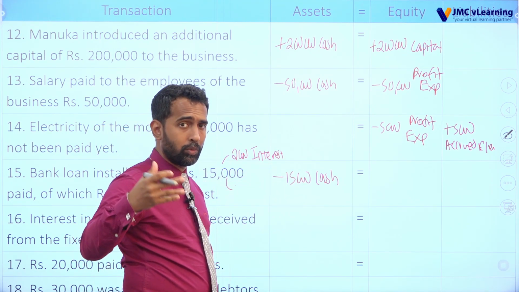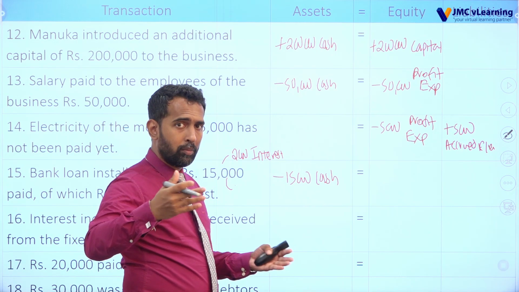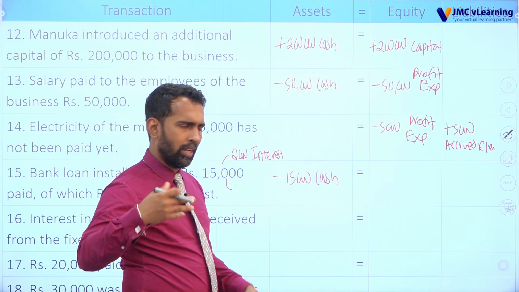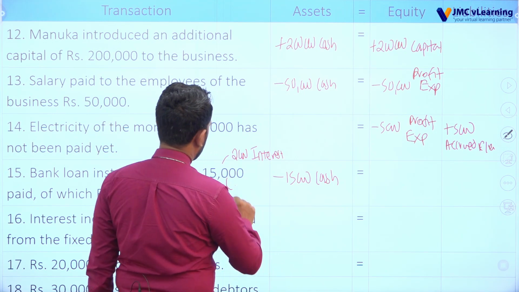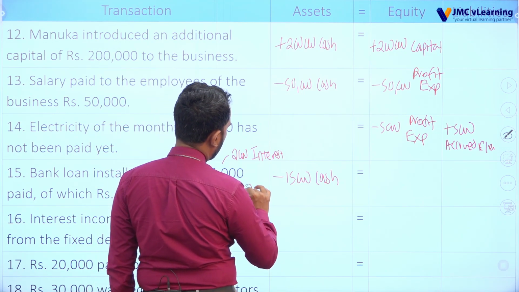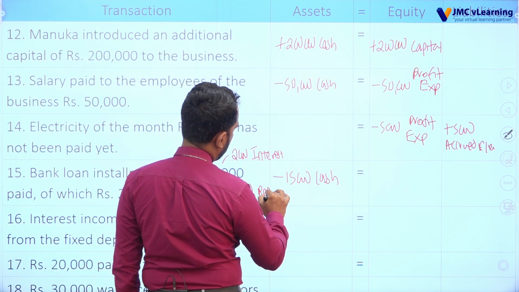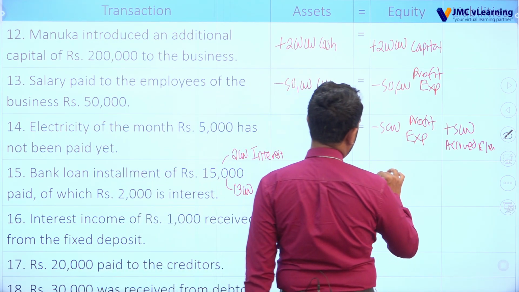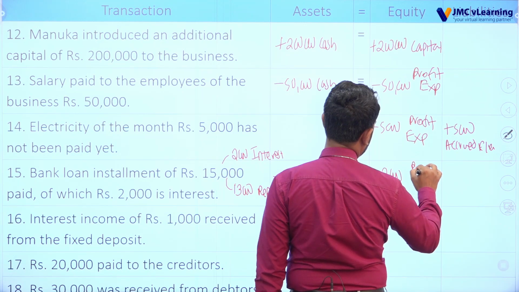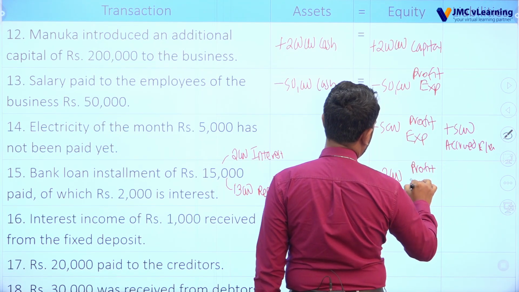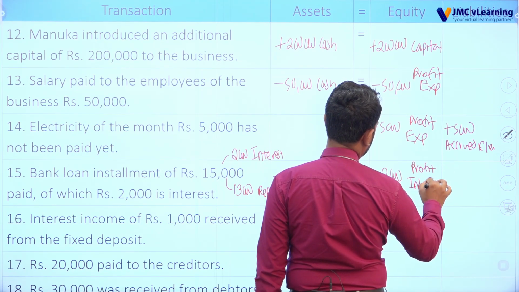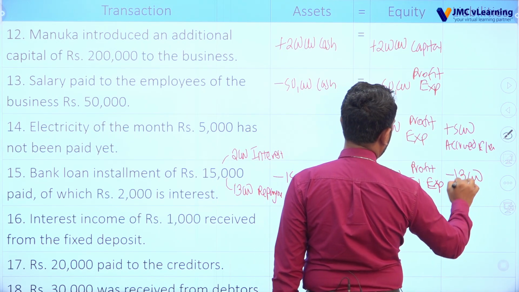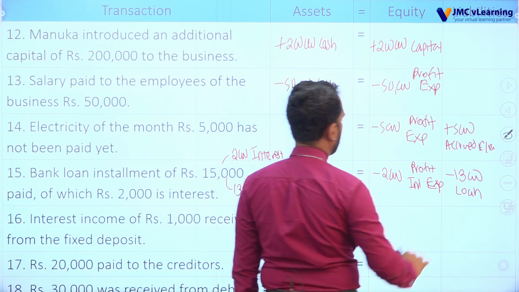No, bank is also giving some other people's money, right? Therefore, bank is charging an interest. So that is our expense. The remaining repayment of the loan is 13,000. Repayment. So because of this interest expense, the profit will come down. Profit will come down due to the interest expense. Loan will come down by 13,000. When you repay, the loan will come down.